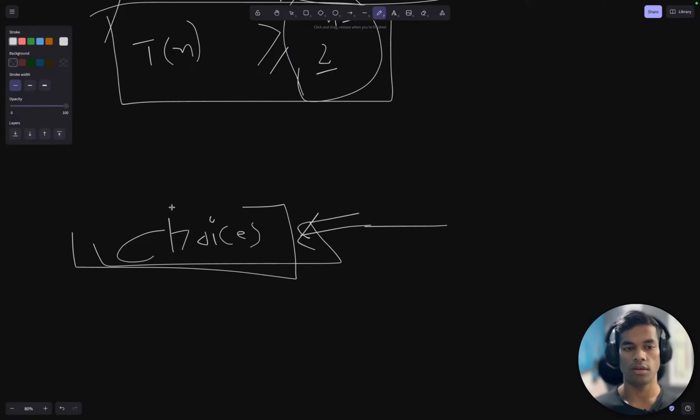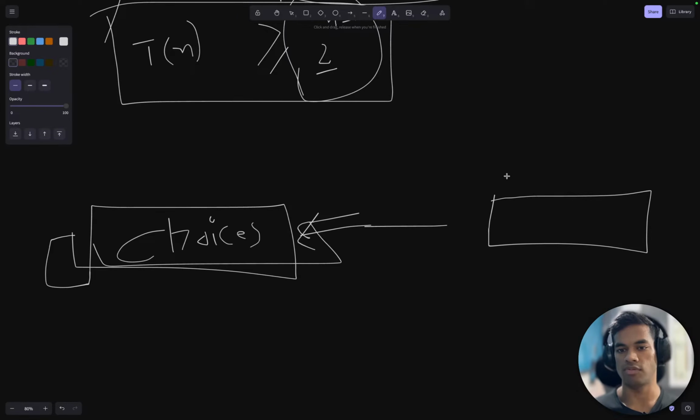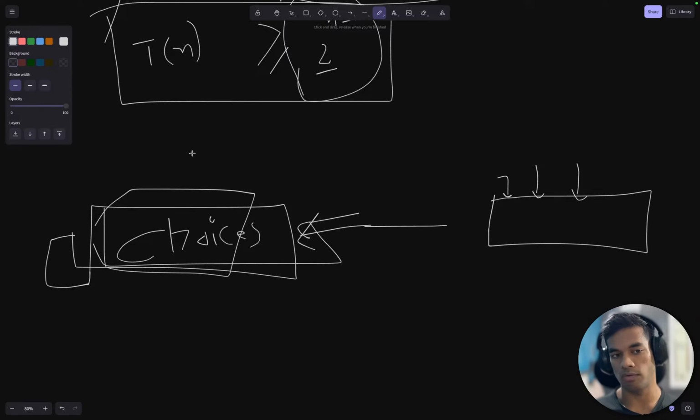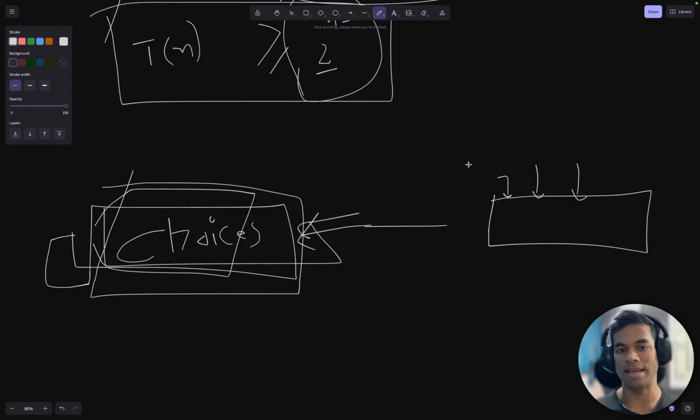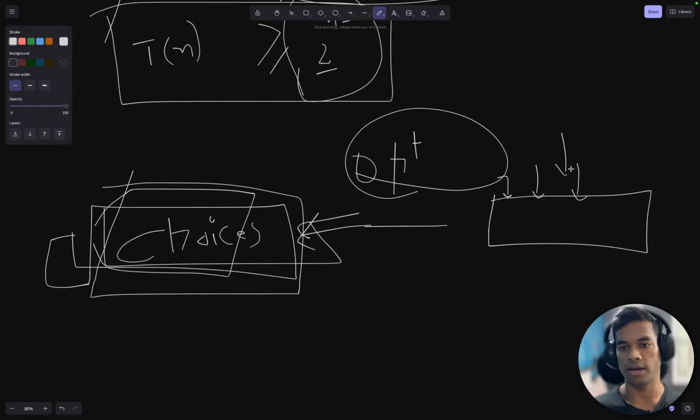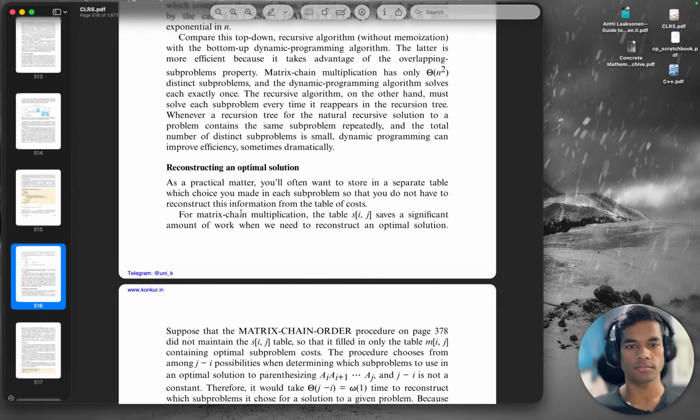So we could store the best choice in some separate data structure, and then when we are constructing the solution, which involves finding out which choices were made to get to the optimal solution, we can just access that and construct our solution.